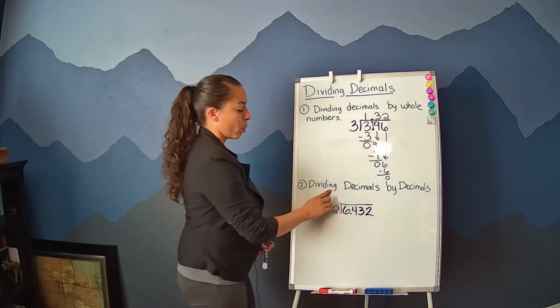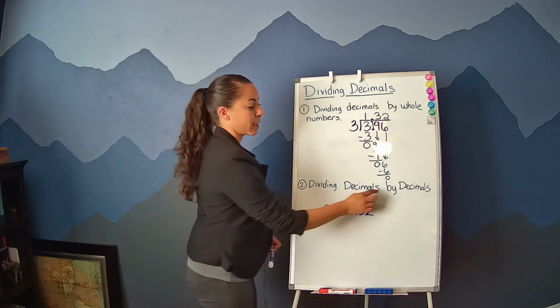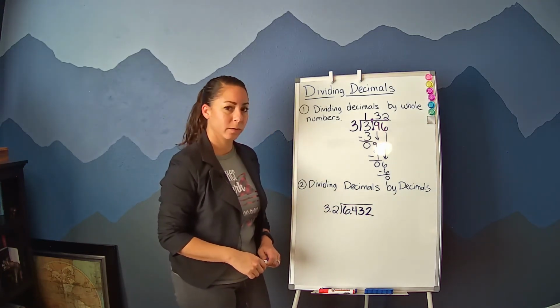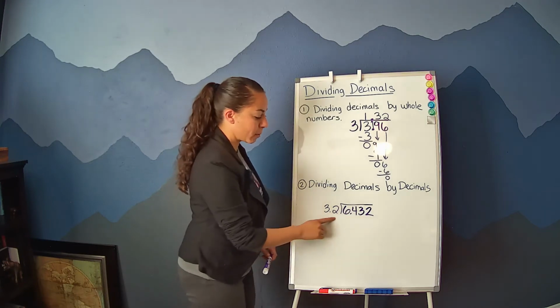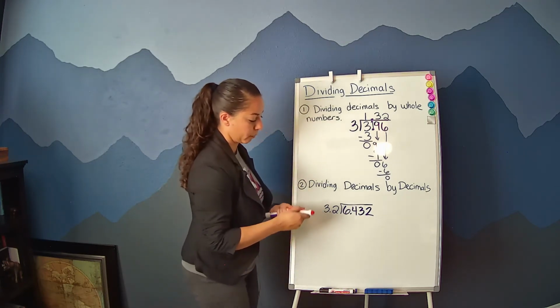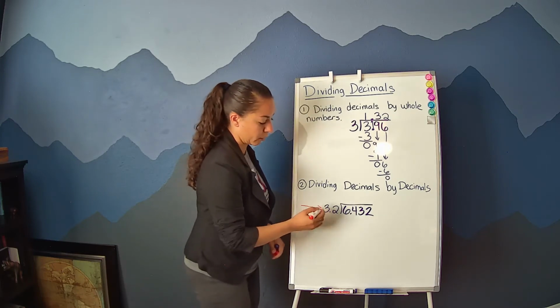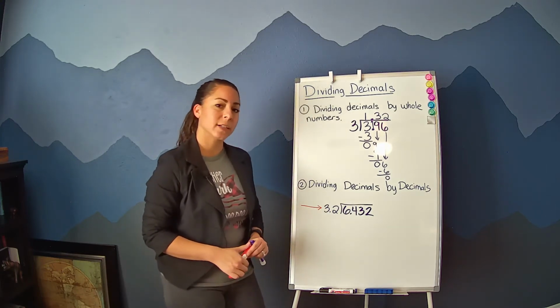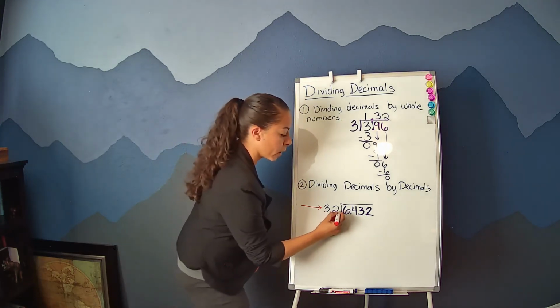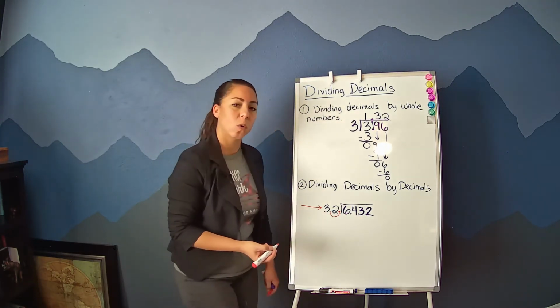Now we need to go over dividing decimals by decimals, because this process is just a little bit different. If you're dividing a decimal by a decimal number, this number here cannot have a decimal in it. So you need to move that decimal over until you have created a whole number.